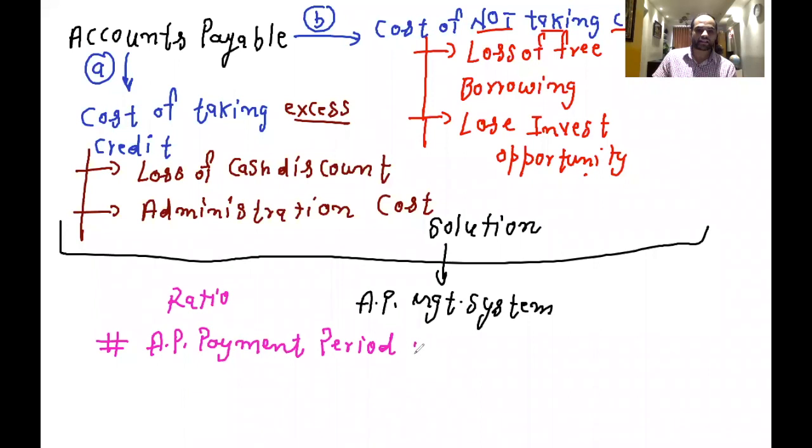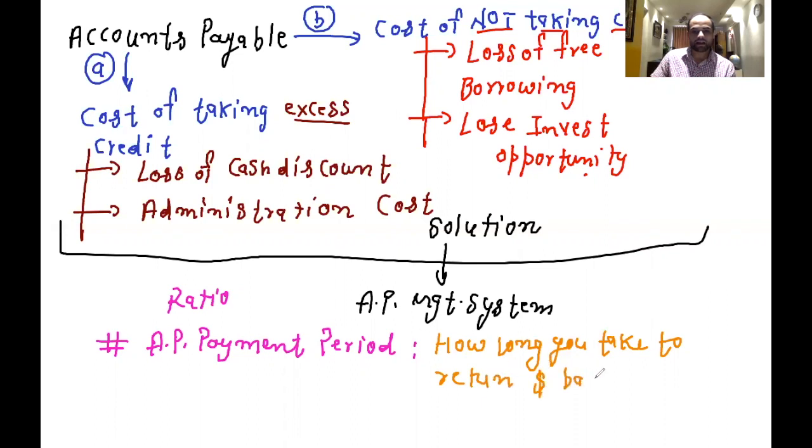What does this ratio tell us? This ratio tells us how long you take to return money back to accounts payables.